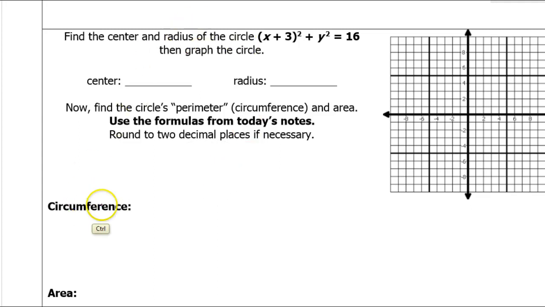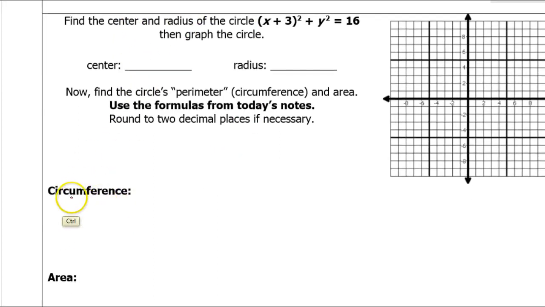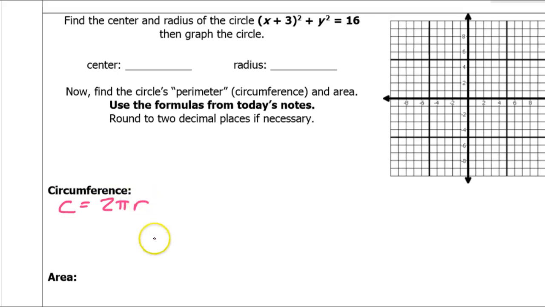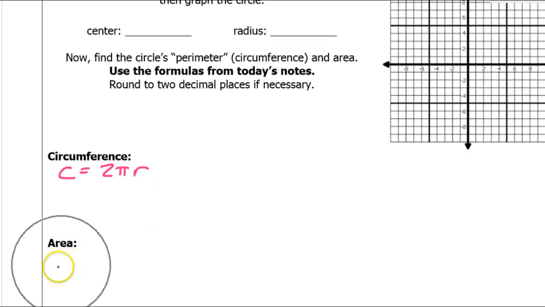But it's called the circumference. And so let me just say this to you. The formula for the circumference of a circle is 2 pi times the radius. The formula for the area of a circle is pi times the radius squared. So you definitely need to memorize these two formulas.